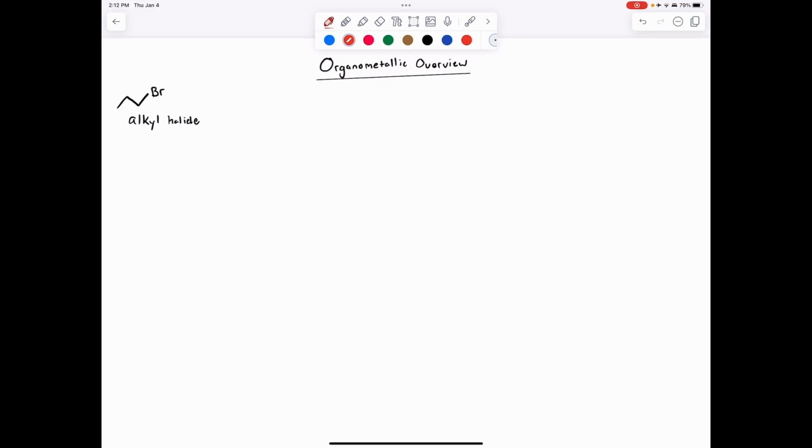And what you'll notice is that bromine is further right than carbon, and things that are further right on the periodic table are more electronegative. They want electrons more than things that are further to the left. And so therefore, bromine wants electrons more than carbon.